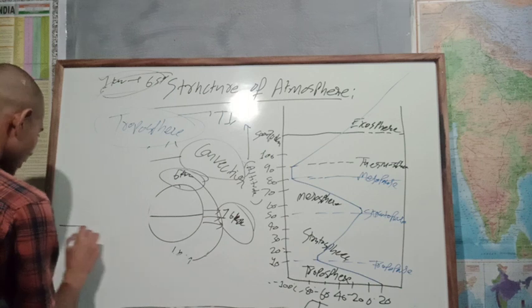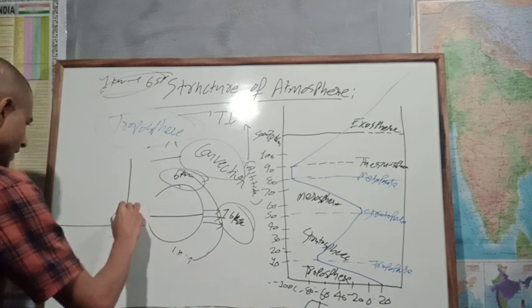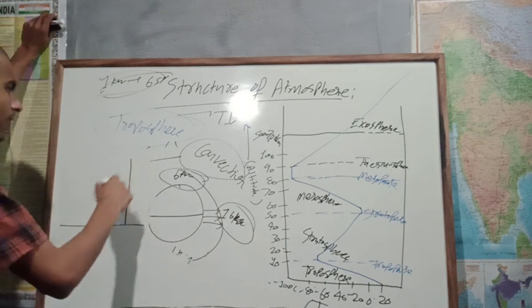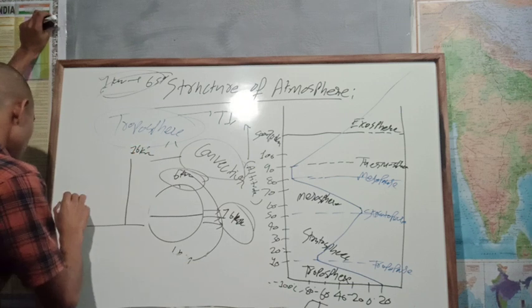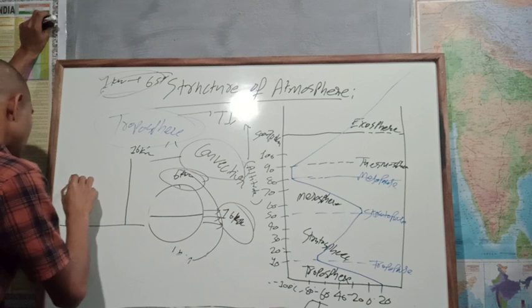Look. The equator has a height of 16 kilometers and the pole has 6 kilometers. Fine.